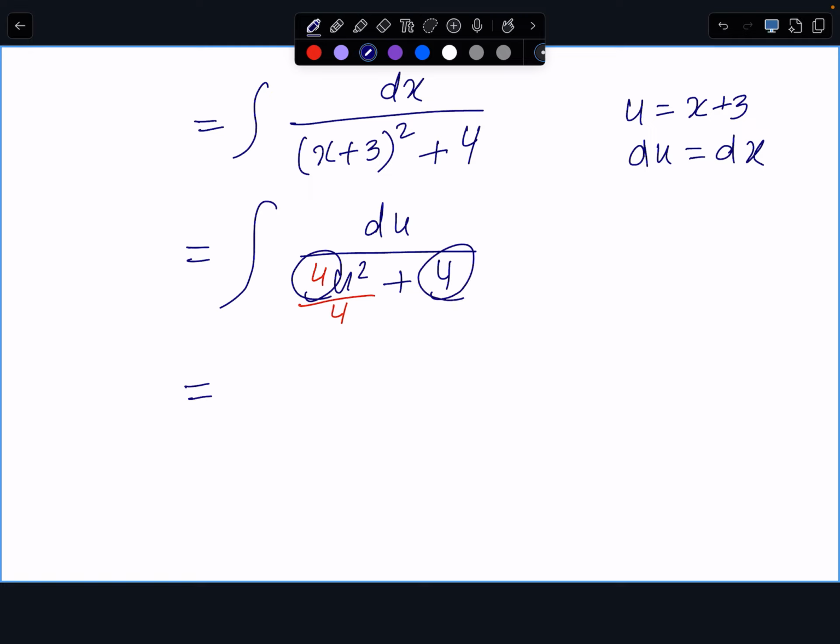This 4 and this 4 is a common factor. One over 4. This is du, and this one is u squared divided by 4. Can I write it as u divided by 2 whole squared plus 1? Can I do this or no? Yes, I removed the 4, it's possible. u squared divided by 4 is u divided by 2 whole squared.